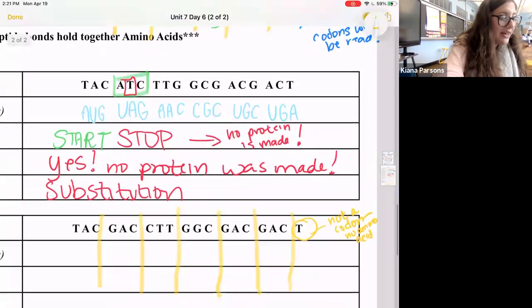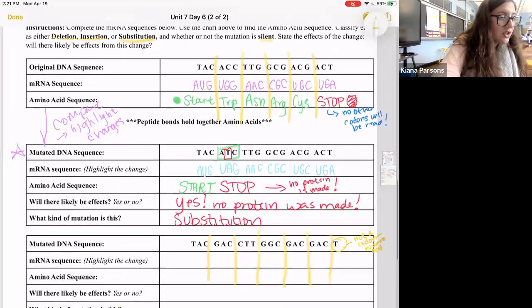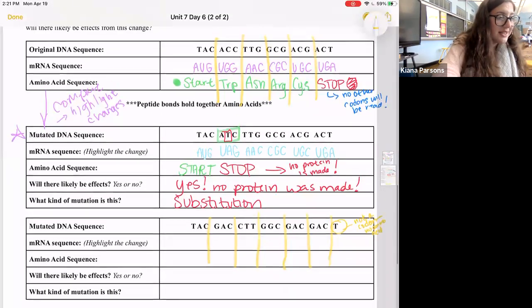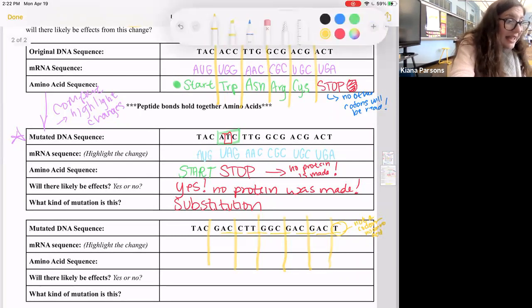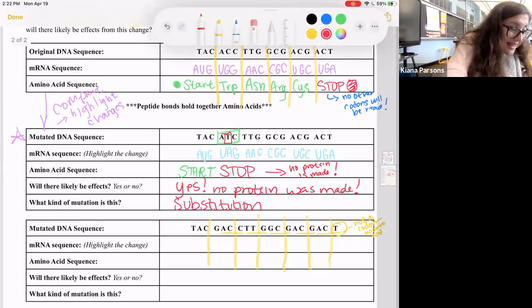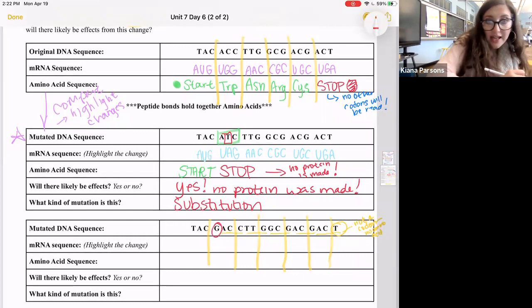So if you compare this DNA strand to the original DNA strand, you see it's basically exactly the same. TAC, ACC, TTG, it's exactly the same. GCG, ACG, ACT, it's exactly the same except for this insertion, except for this G that stuck its way in there.